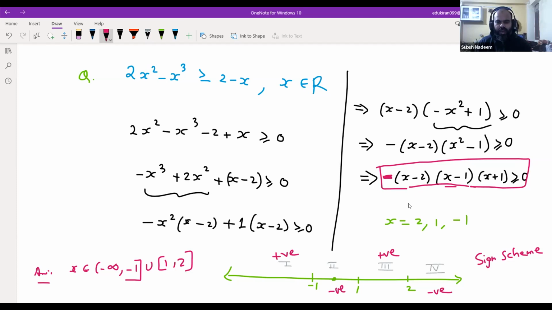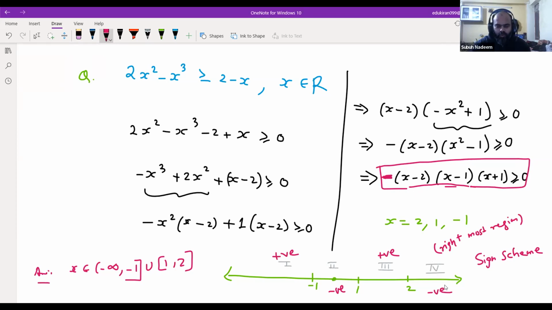So we start from the rightmost region. This is the rightmost region. So this would be positive or negative depending upon the function, whether the outside coefficient is negative or positive. So the coefficient is negative, so it will be negative here.